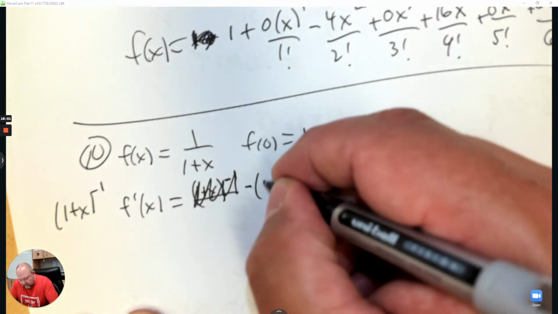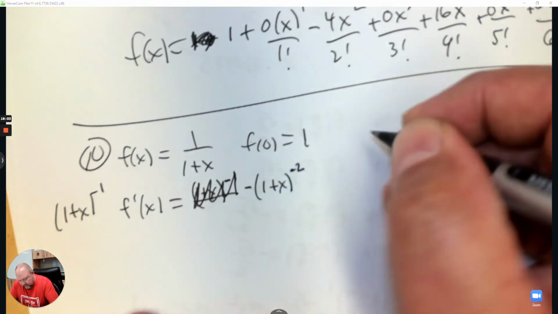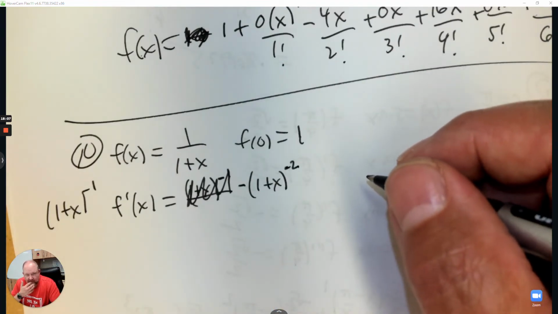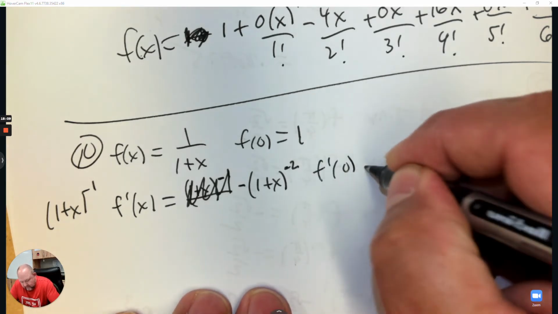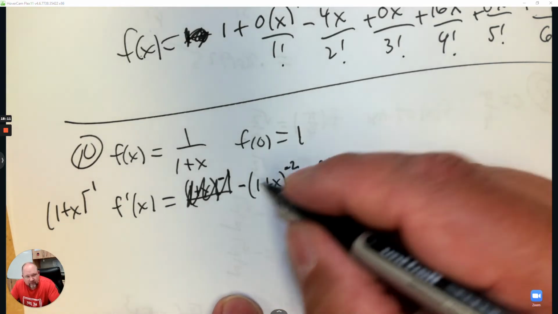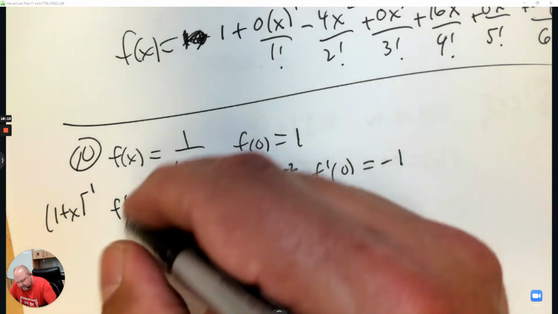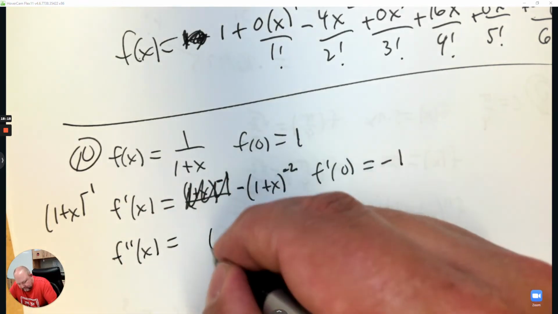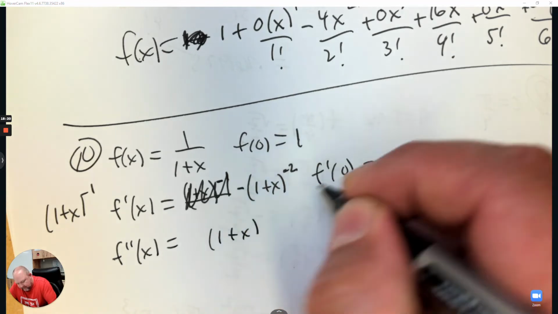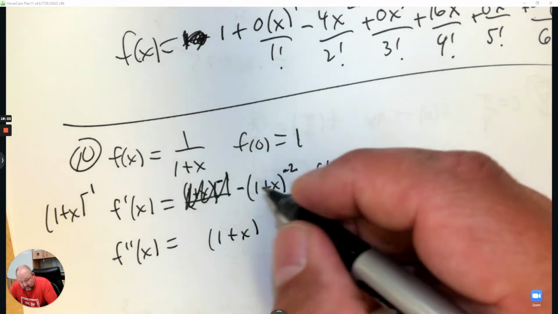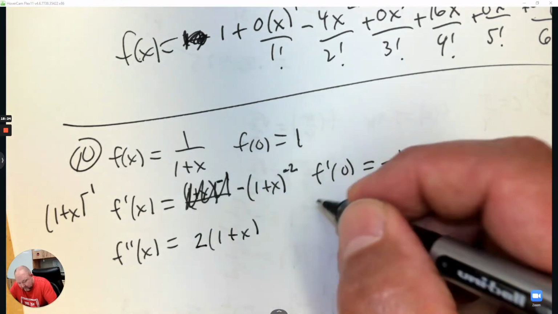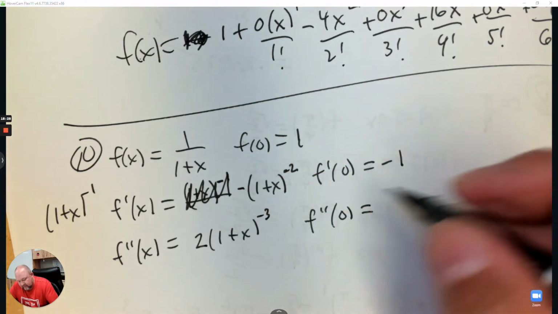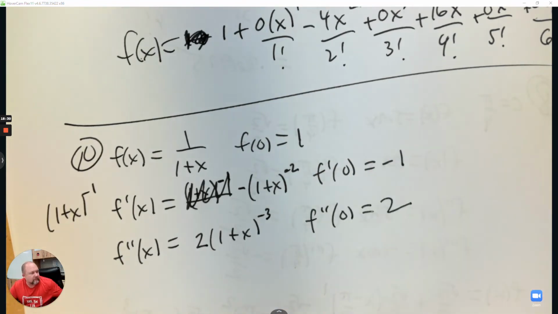So it would be negative 1 plus x to the negative 2. So then the derivative at 0, 1 to any exponent's 1, so it makes it negative 1. The second derivative, 1 plus x to the negative, well, negative times the negative makes it positive 2. This is negative 3. So the second derivative at 0 would be 2.